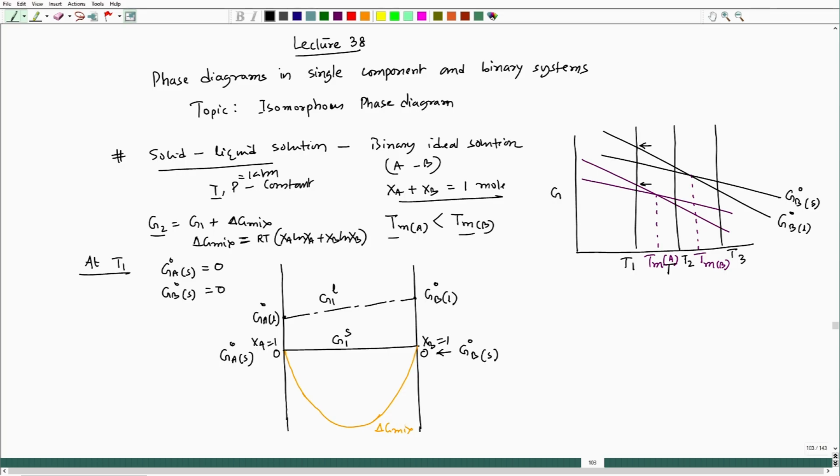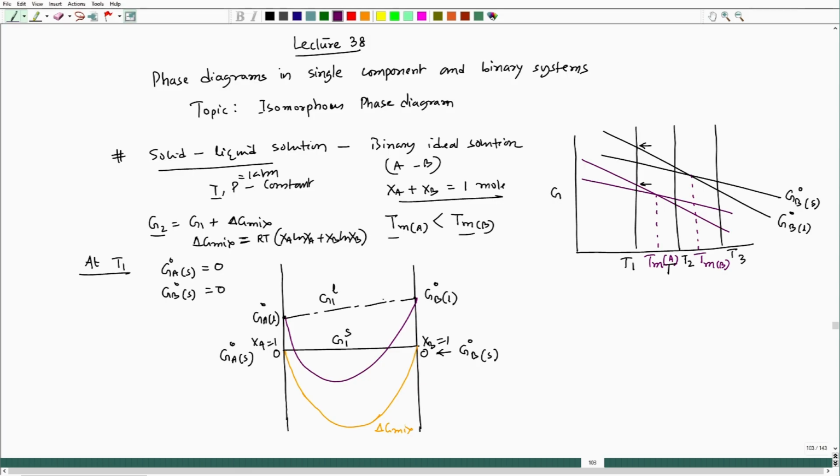Then I can get the G2 for liquid as well as G2 for solid, which is a solution free energy. So, let me draw for liquid solution. The liquid solution would be like this. It will be a little asymmetric. Why?